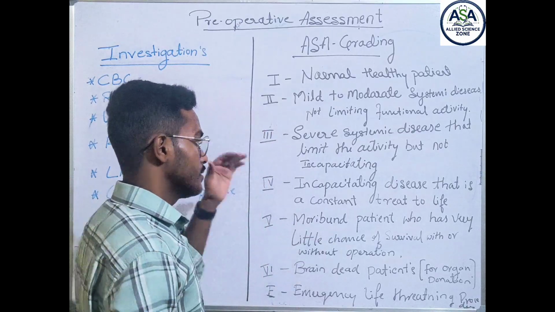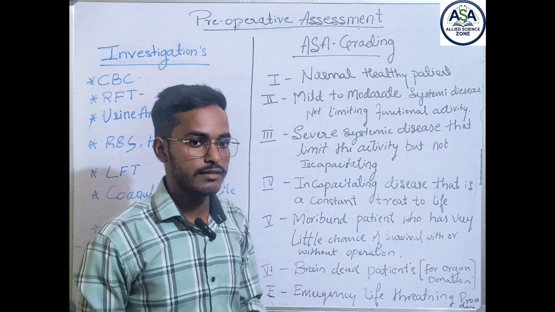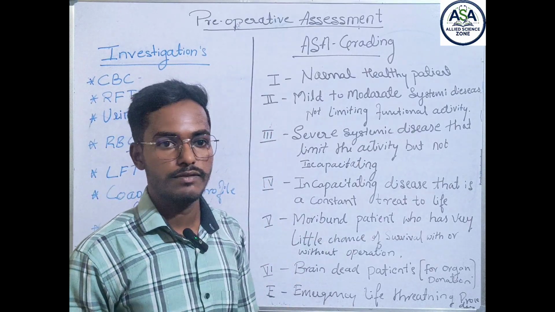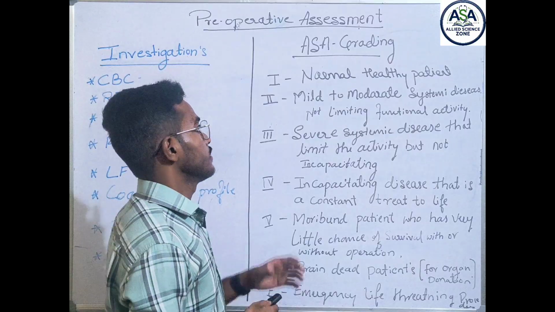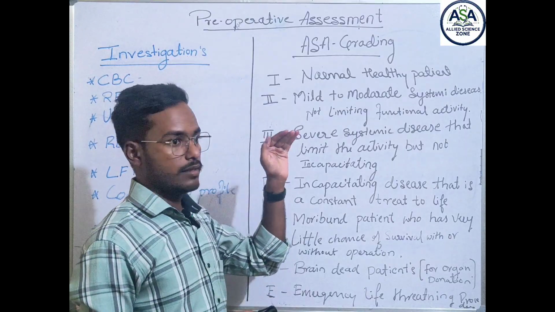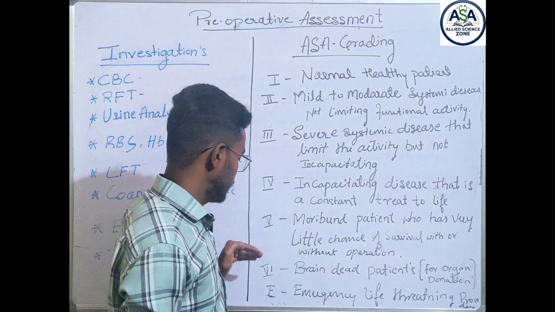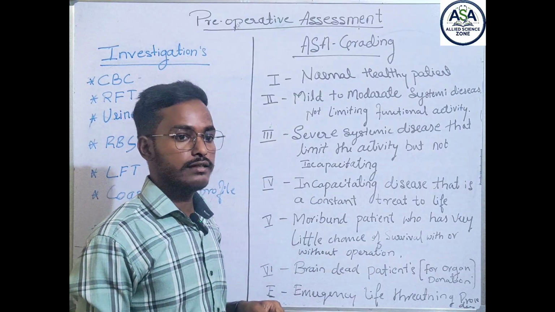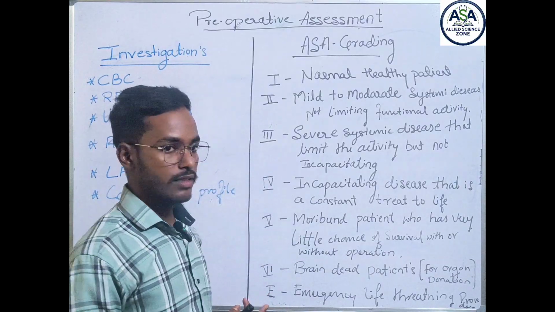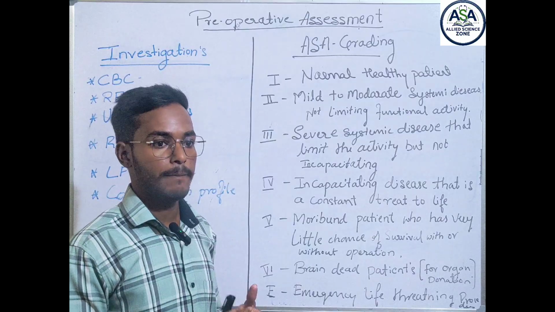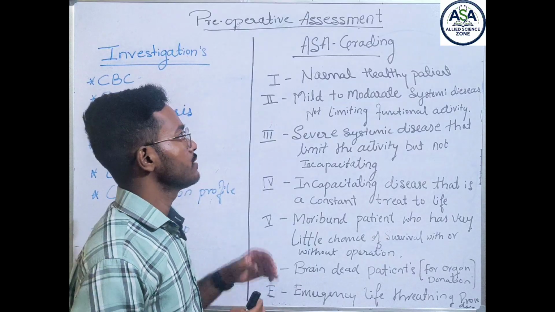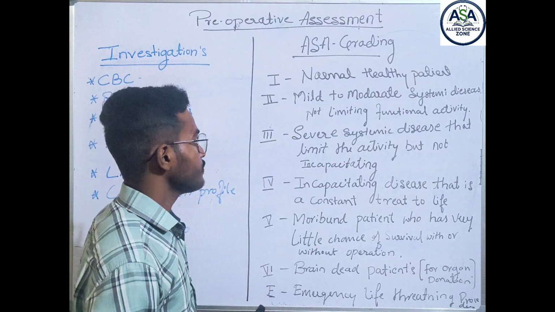Based on this pre-operative assessment, the American Society of Anesthesiologists grades patients as 1, 2, 3, 4, 5, 6. These six grades are given based on the patient's physical examination and pre-operative assessment.